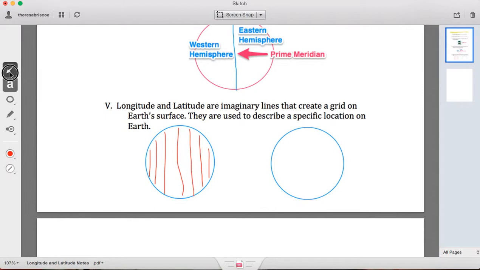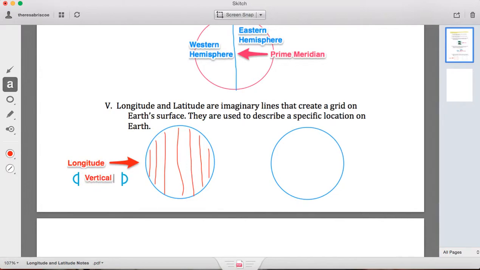So let me do a little arrow. Point it here. And then we're going to type in longitude. And that's going to help us to remember that those are lines of longitude. And let's type a little bit about lines of longitude.